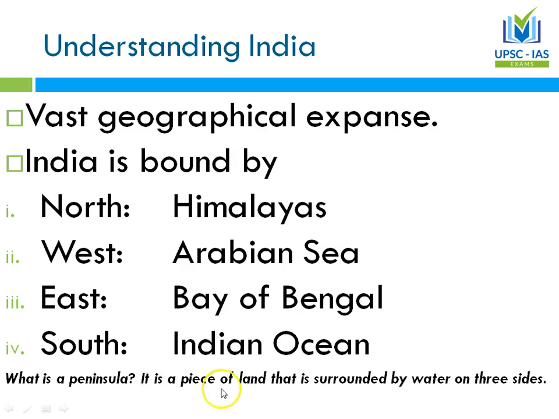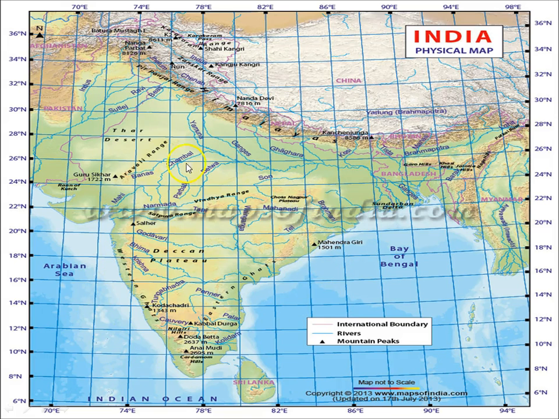And there is one more thing I would like to say, that is peninsula. Now, you might have heard about this word, Indian Peninsula or Arabian Peninsula. What is a peninsula? A peninsula is basically a piece of land that is surrounded by water on three sides. Observe our country over here. This is part of our land that is surrounded by water from three sides. One side you have the Arabian Sea, the other side is the Bay of Bengal, and the third side we have the Indian Ocean.